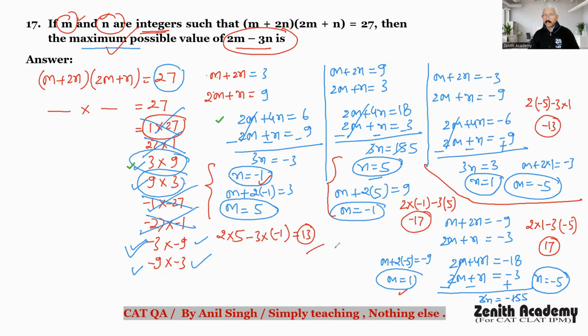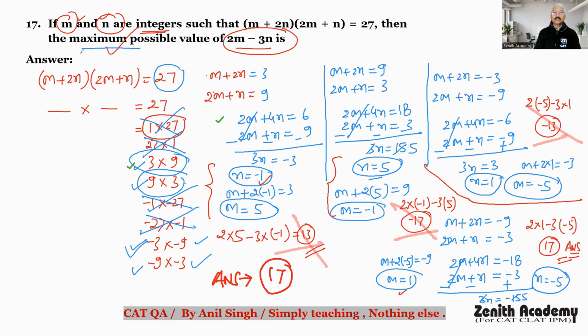So it is 13, this is 17. 17 is greater than this. So this will be the answer. The others are not required. The maximum value is 17. So the answer is 17. This is the maximum value.